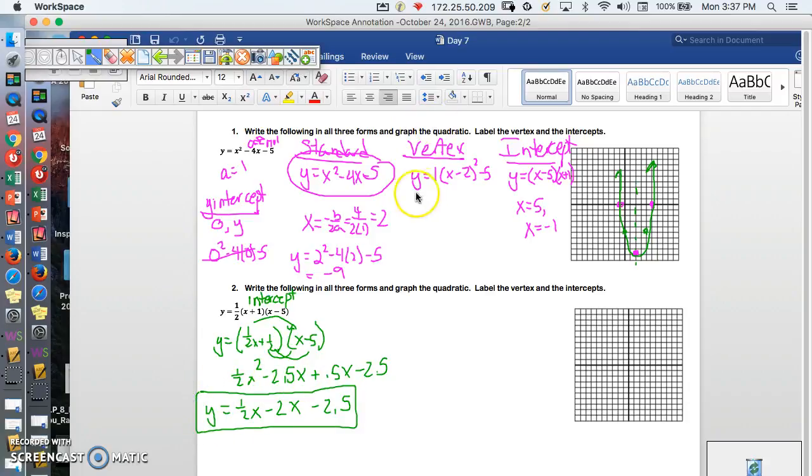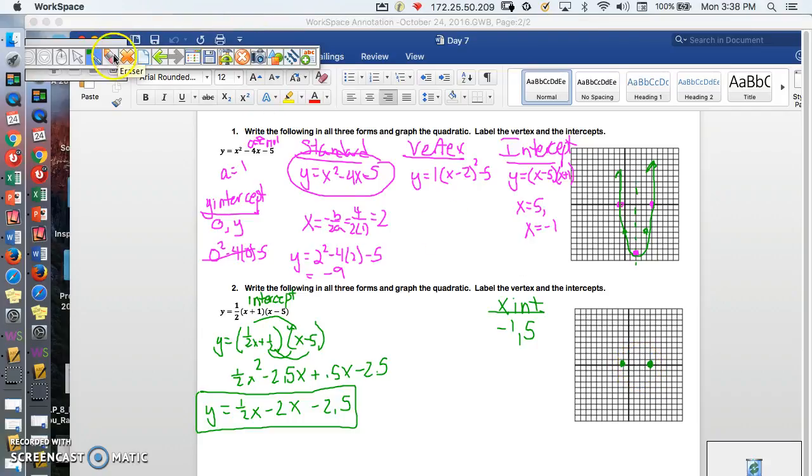And then we need vertex form. A couple different ways we can get our vertex. We know our x-intercepts are -1 and 5. This is looking awfully similar to the one before. So we know our x value has got to be right in the middle.